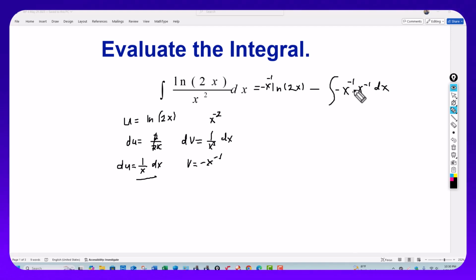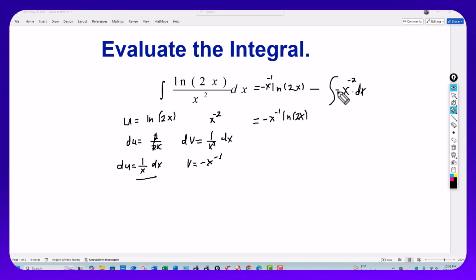So let's rewrite this. We've got minus x to the negative 1, times x to the negative 1. That becomes x to the negative 2. So let me just cancel this out, make this a negative 2. And that's going to be dx. And this is equal to, again, minus x to the negative 1 times natural log of 2x.